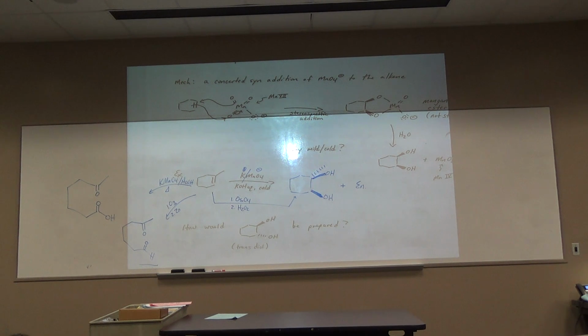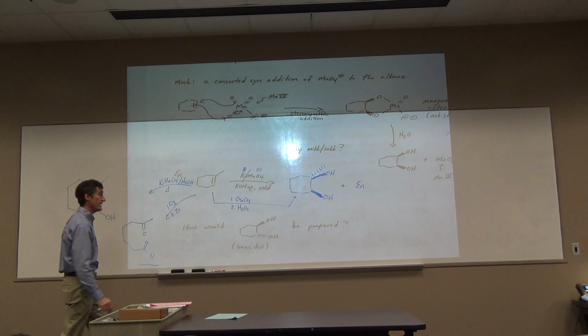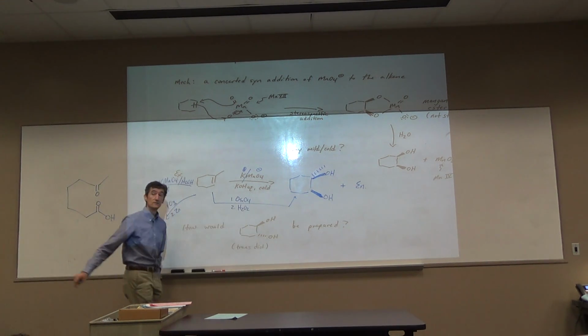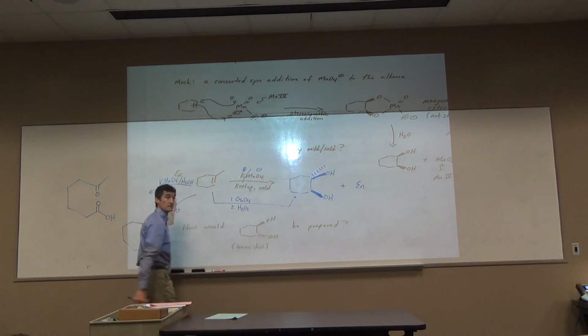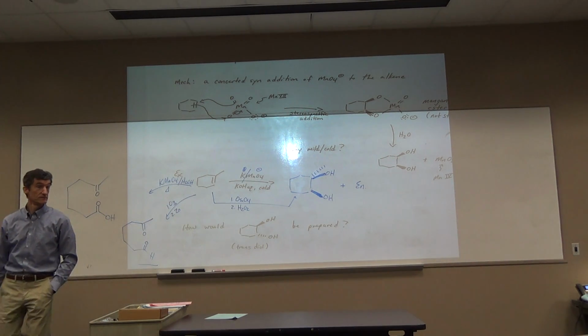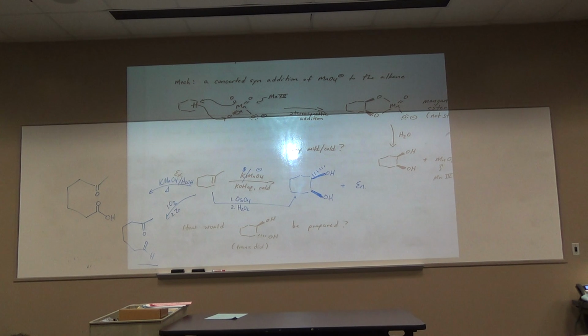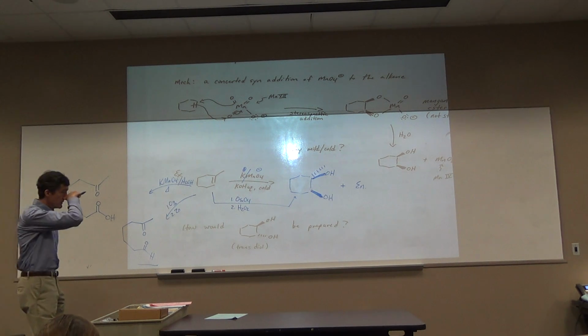But OsO4 is actually a neutral molecule. And because of that, it's actually volatile. Physical properties, ionic, much less volatile. But the neutral osmium tetroxide is volatile, and thus it has vapor pressure, and you can breathe it, smell it. But that's toxic getting into your body.